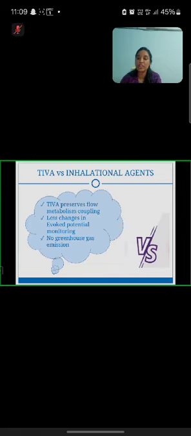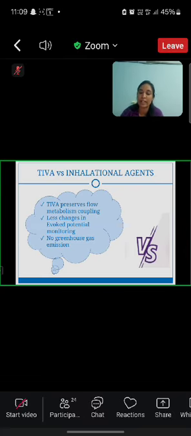Inhalational agents also produce greenhouse gases, which affect the environment. Comparatively, TIVA preserves the flow metabolism coupling, doesn't change evoked potential monitoring very much, and there is no greenhouse gas emission.